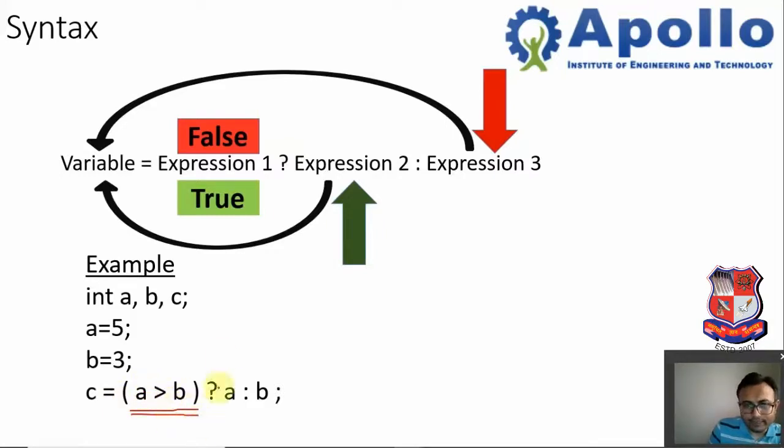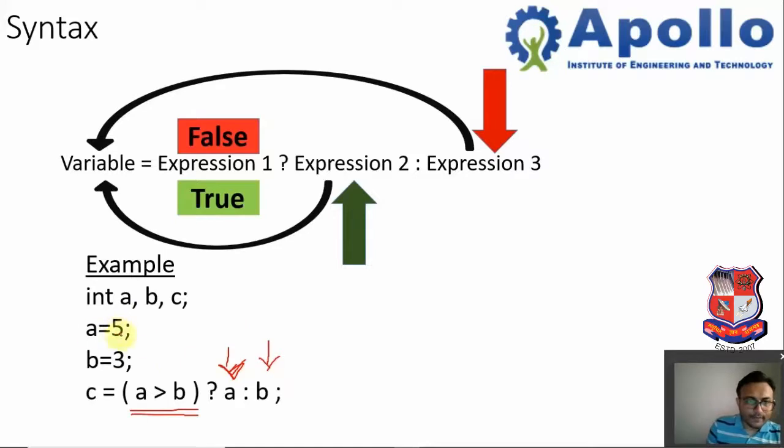Suppose a is greater than b, then as I said, expression 2 will be executed, that means the answer of this expression will be stored in c, and suppose it is false, then this will be executed, meaning the value of b will be stored in c.